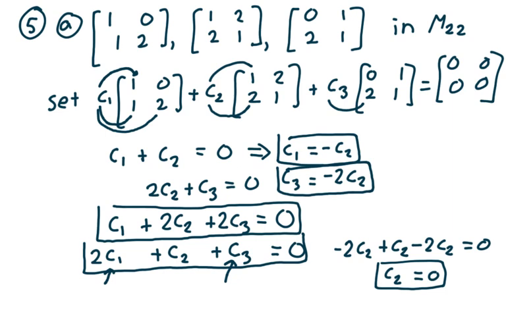So I replace C1 with negative C2, and I replace C3 with negative C2 times 2. When I plug into the fourth equation, notice that I get C2 equals 0. And if C2 equals 0, you're going to quickly see that C1 equals C3 equals 0. And this set will be linearly independent.